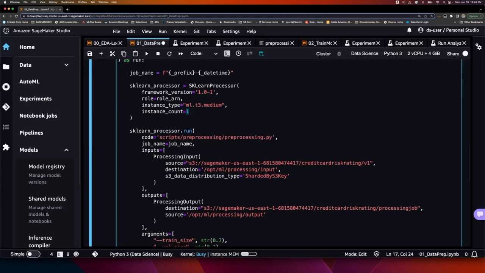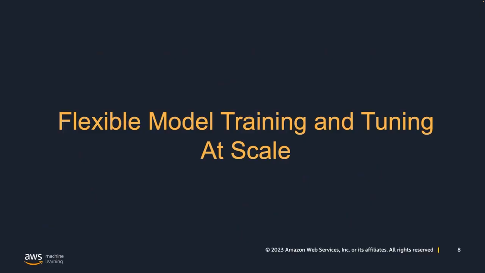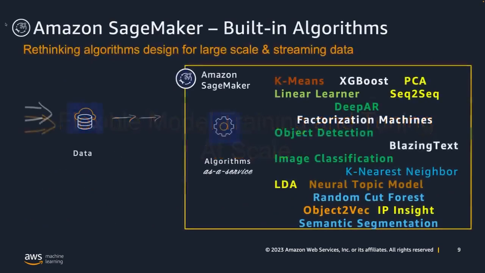What's next? What comes after processing? We have flexible model training and tuning at scale. So once you've completed your pre-processing actions, you now want to be able to train a model using that data set. Now, with Amazon SageMaker, you can leverage SageMaker's built-in algorithms such as K-means, XGBoost, PCA.